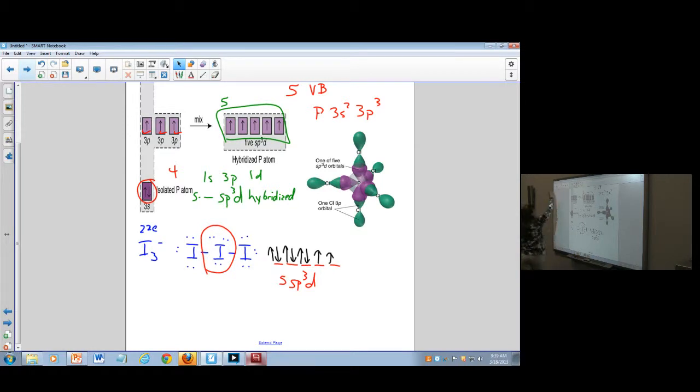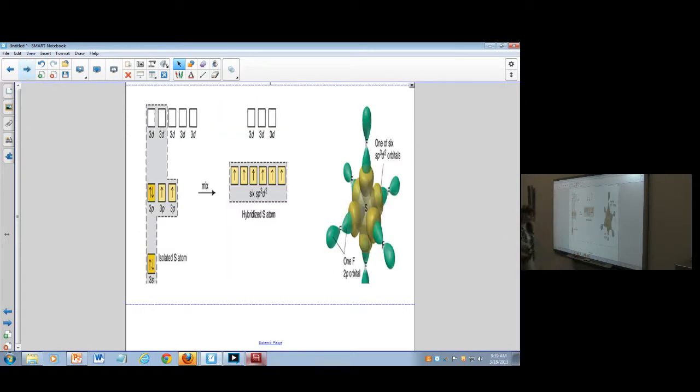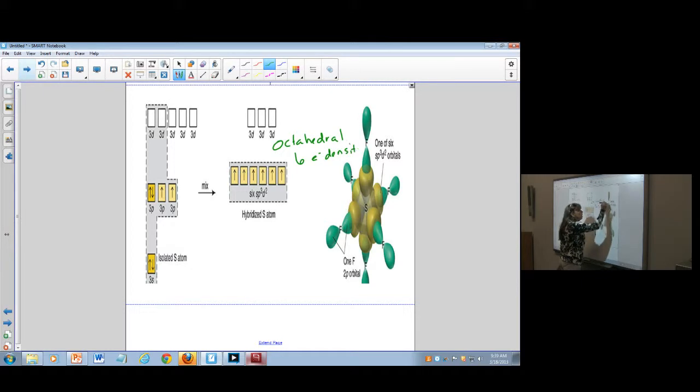One more we need to look at, and that's octahedral. Octahedral has 6 areas of density, and therefore I need 6 atomic orbitals. In this case, I'm going to take an s, the 3 p's, not the number n equal to 3, but the 3p orbitals, and now I need some d orbitals.